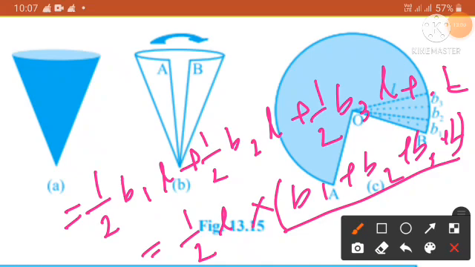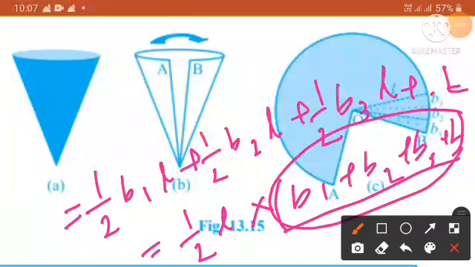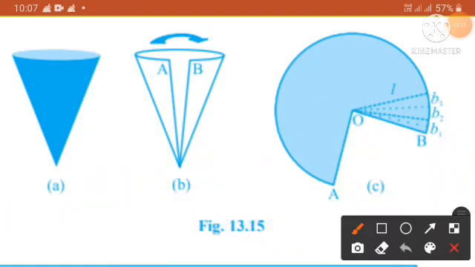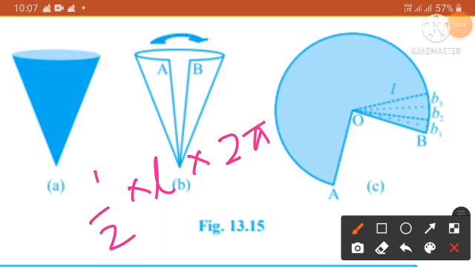Okay, so we know that the circumference of the base, here it is the length of the entire curved boundary, will be equal to 2 pi r. So ultimately we are getting half L into 2 pi r. Okay, so the curved surface of the cone will be half into L, and then the length of the entire curved boundary, that will be the circumference of this circle, 2 pi r.